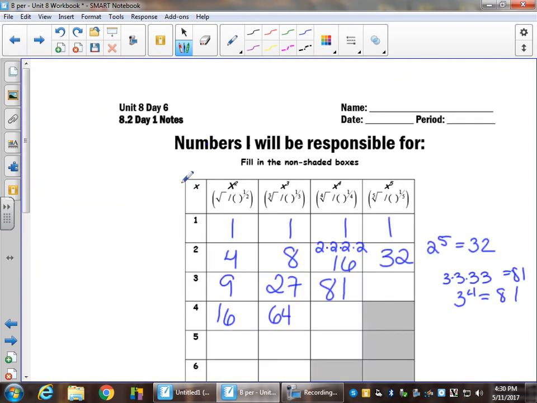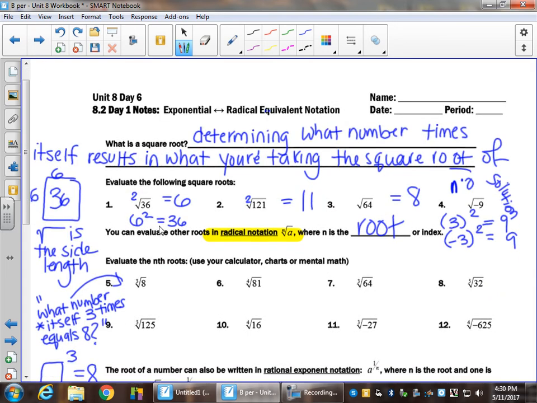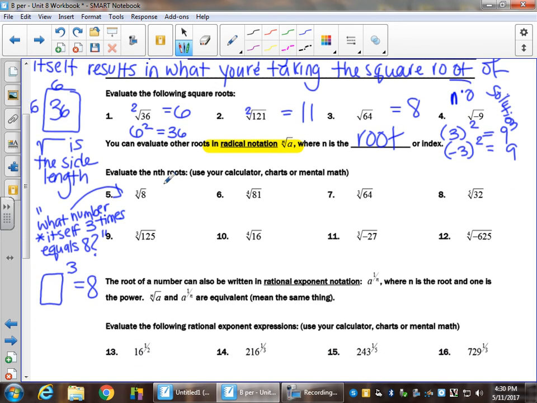I find that value 8 in the third power column and I look to the left and it's 2. So the answer is 2 because 2 to the third equals 8.